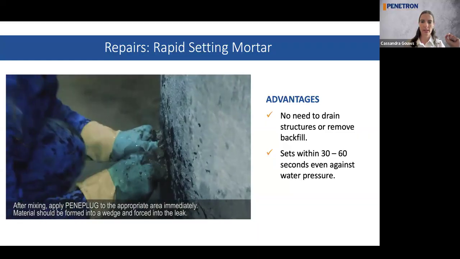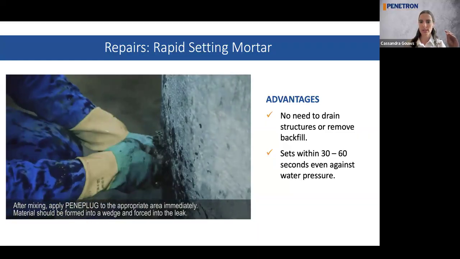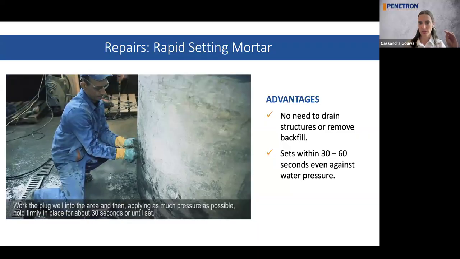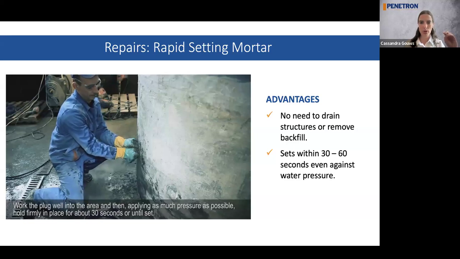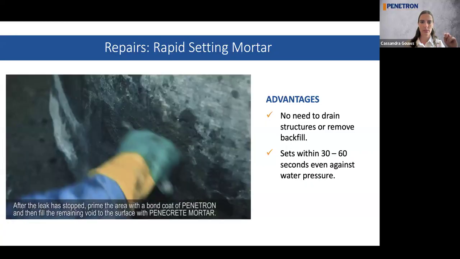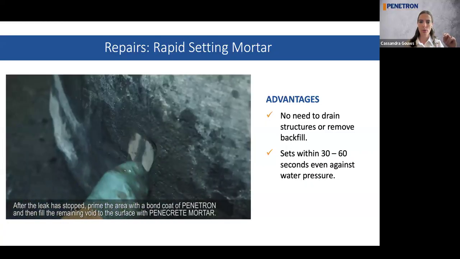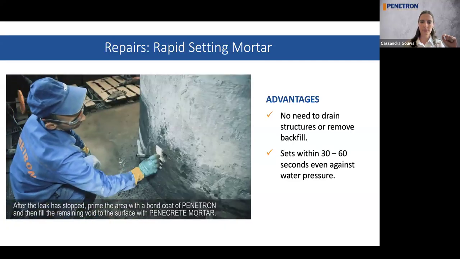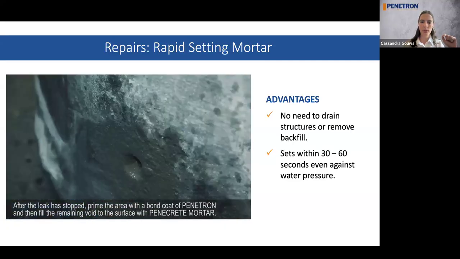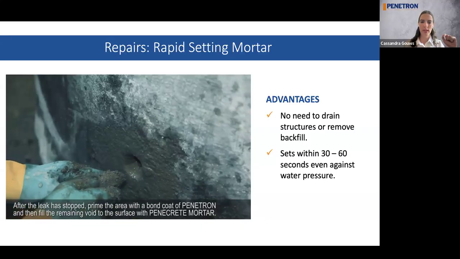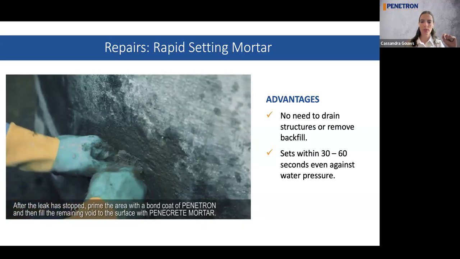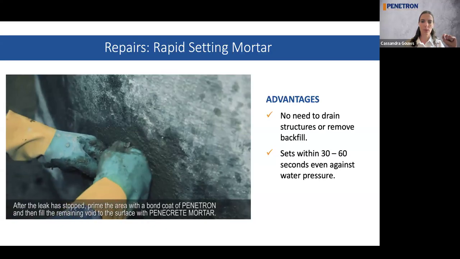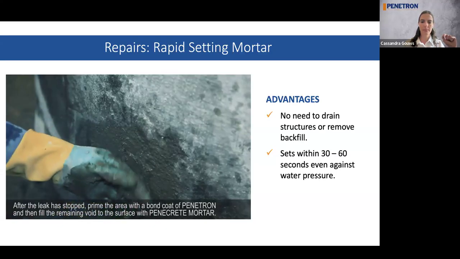They hold their hand there for about 30 to 60 seconds, and that is the end of that leak. So you no longer need to drain those structures. Very convenient. And then they finish off the repair with the crystalline treatment, which they're just putting on there. And then that is the repair mortar for a final repair.